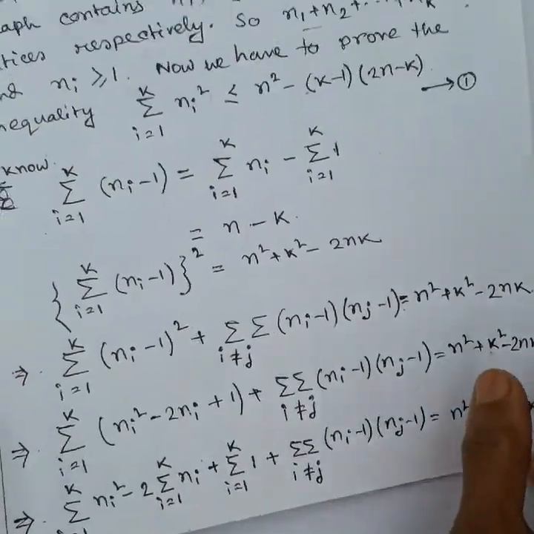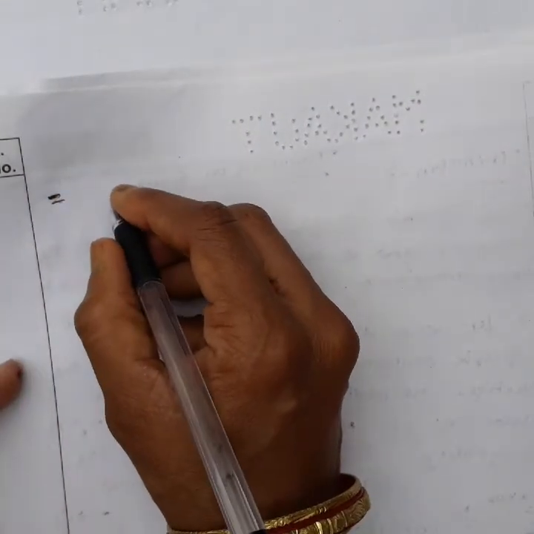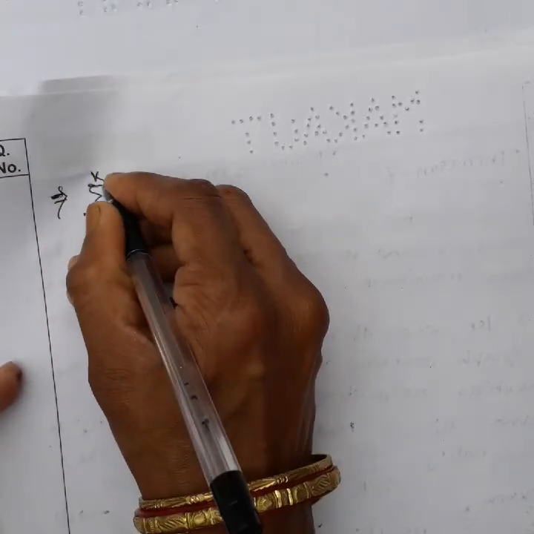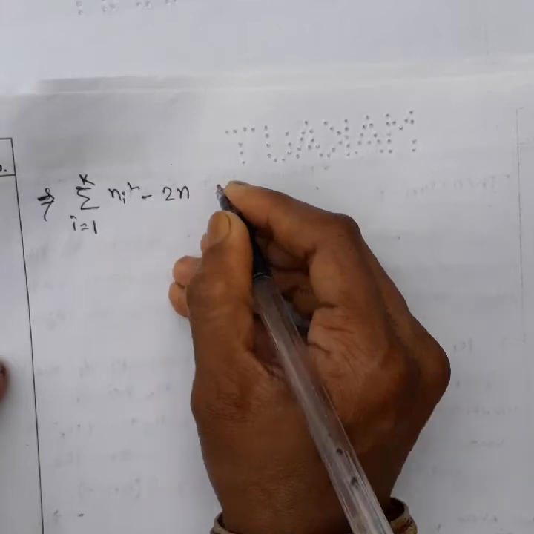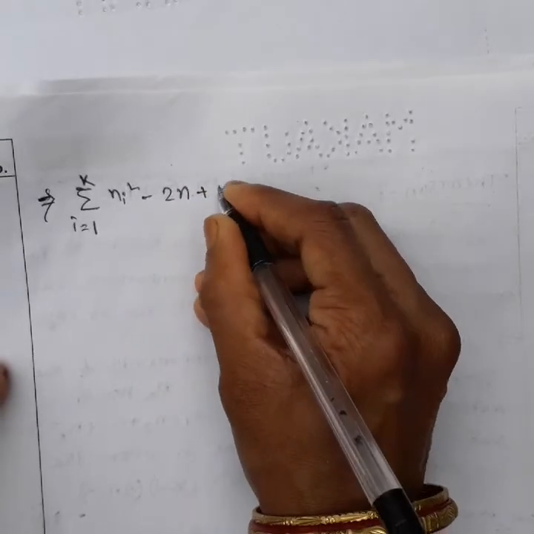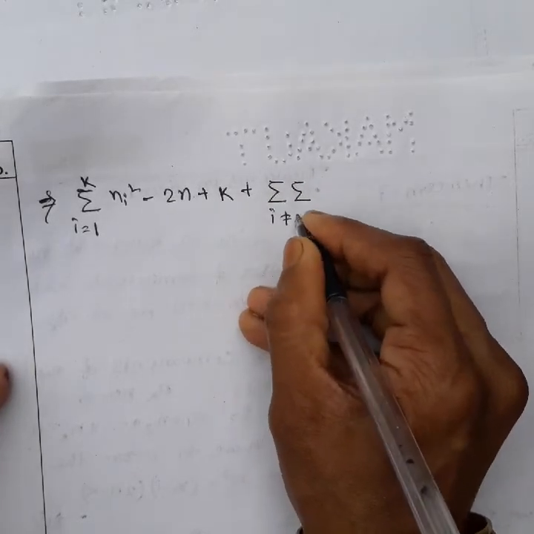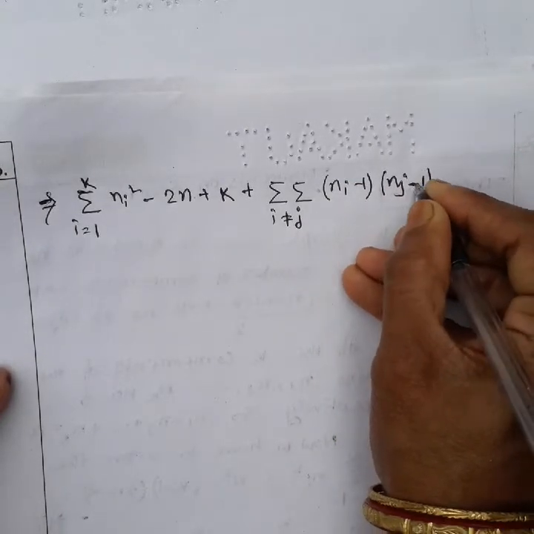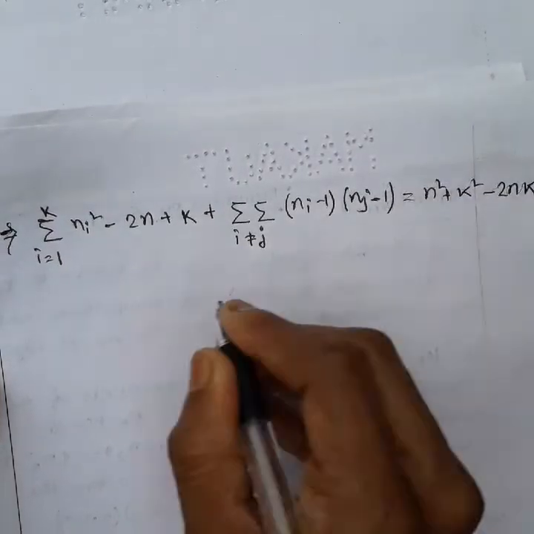Okay, now from here we can write this equals summation of i equals 1 to k of ni square. This is the same, and from the second part this is minus 2n plus k, plus this is also the same, double summation of i not equal to j of (ni minus 1) into (nj minus 1). Okay, this equals n square plus k square minus 2nk.